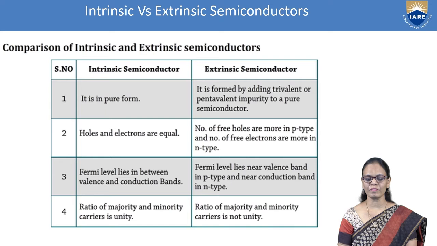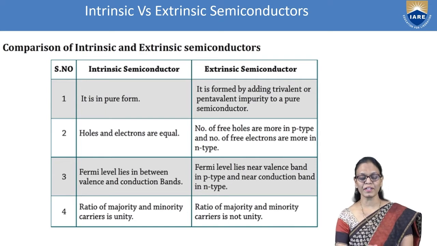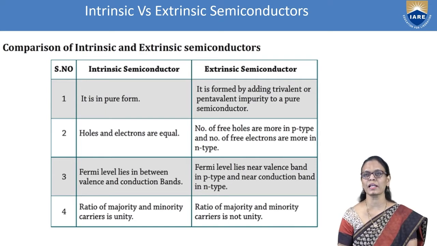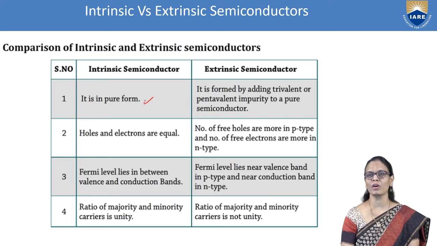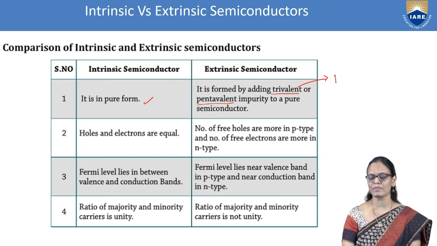Now we will try to understand the difference between intrinsic and extrinsic semiconductor so that it is easy for us to make assumptions and derive. Intrinsic is in pure form, but extrinsic is impure. It is formed by adding either a trivalent or a pentavalent impurity. Trivalent impurity gives us P type and pentavalent impurity gives us N type.